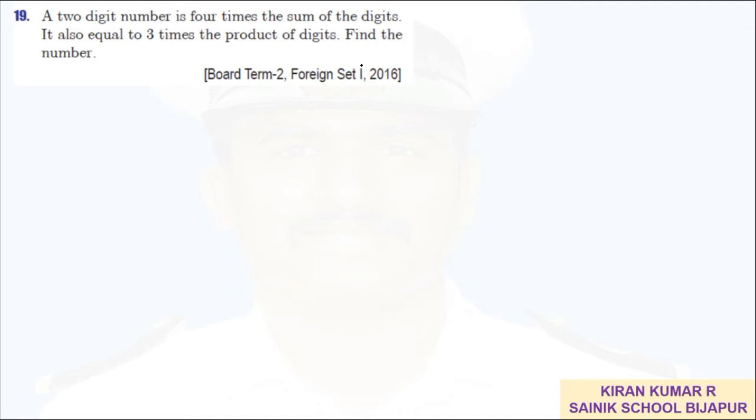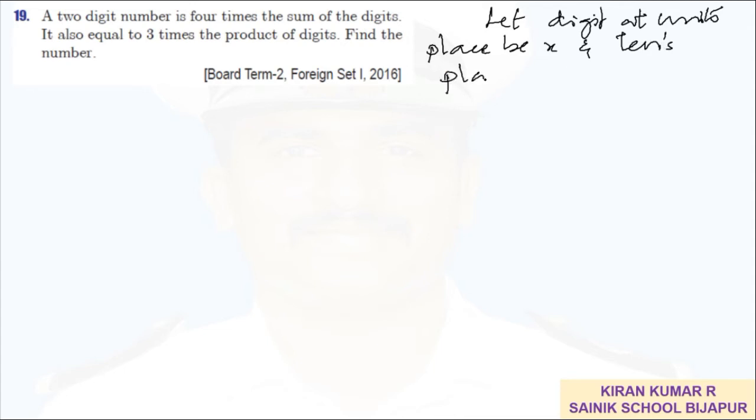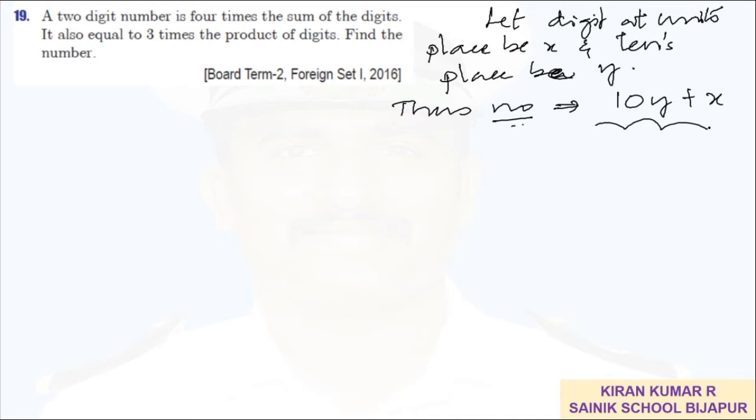Since they have given that it's a 2-digit number, let the digit at the units place be x and the tens place be y. Then the number will be 10y plus x. This is a common way of expressing a 2-digit number.